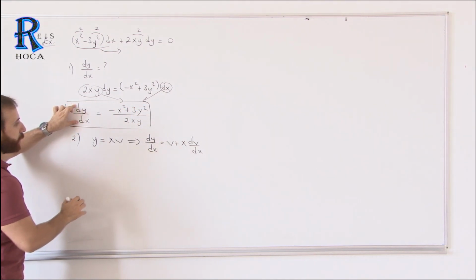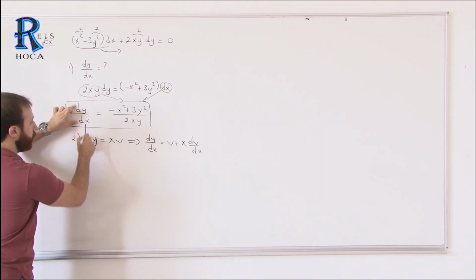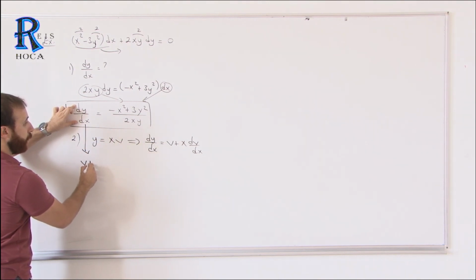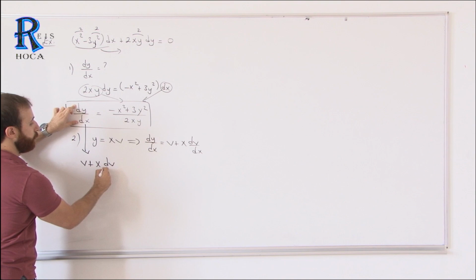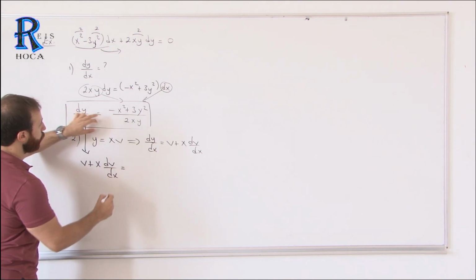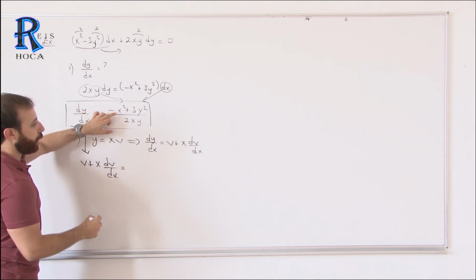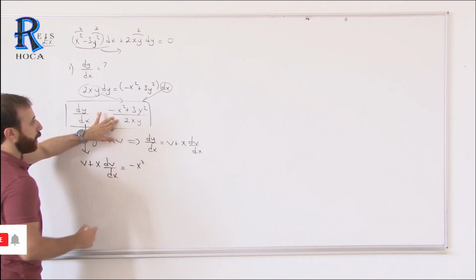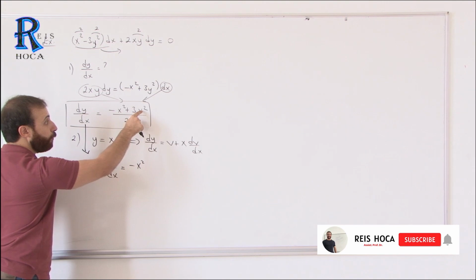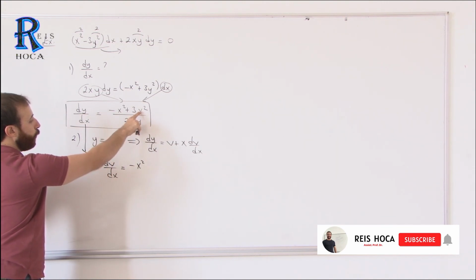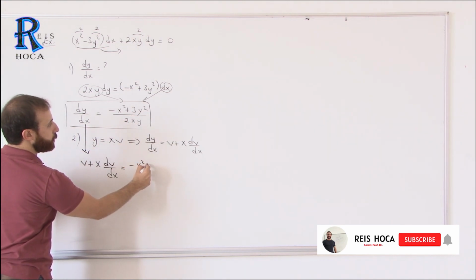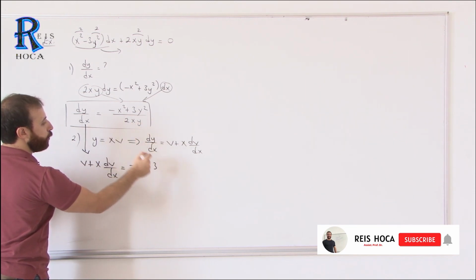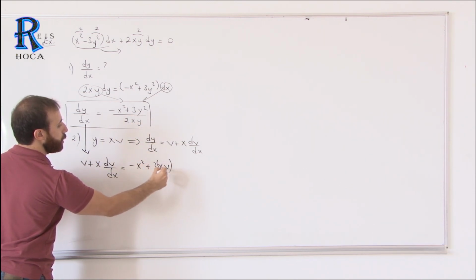And dy over dx, we know it is v plus x dv over dx, equal to minus x square. There will be no change for the x square term, we have to keep x square. We just substitute the term of y. Instead of y, what do we have? xv. So 3 times, instead of y, (xv) square.